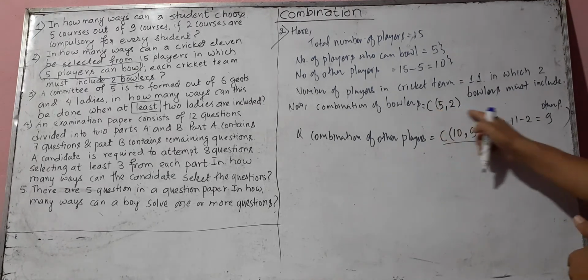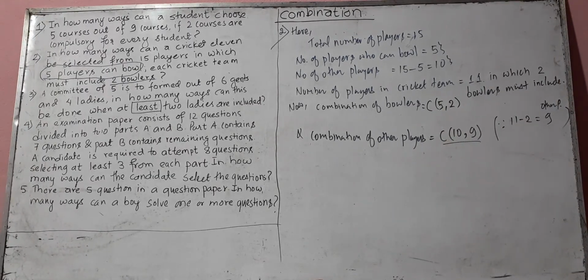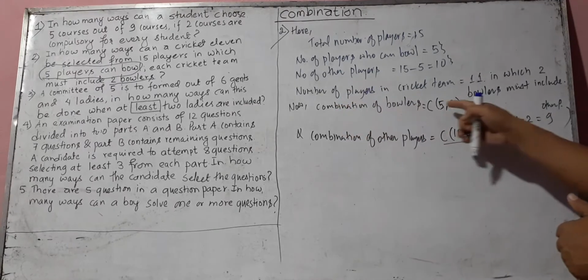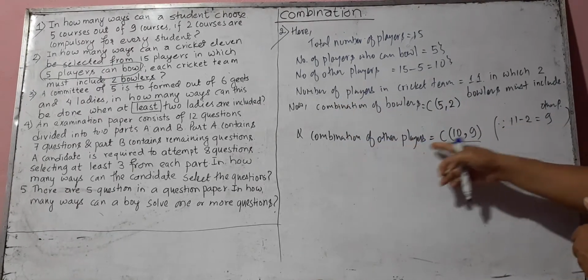This is the combination of bowlers, or in other words, the number of selections of bowlers, and the number of selections of other players.